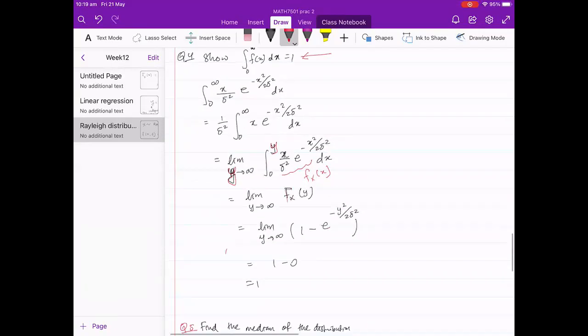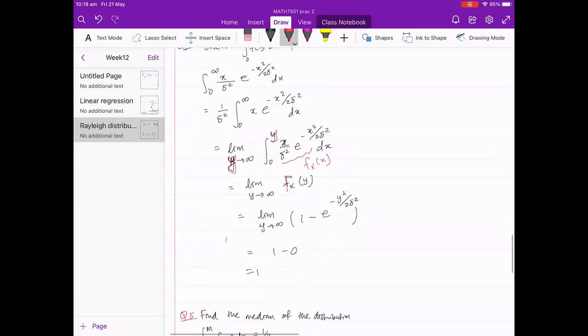So plugging in that expression and taking the limit as y goes to infinity, we get 1 minus 0, which is 1. So that shows that the PDF is a proper probability distribution. Okay, is that clear? Any question?